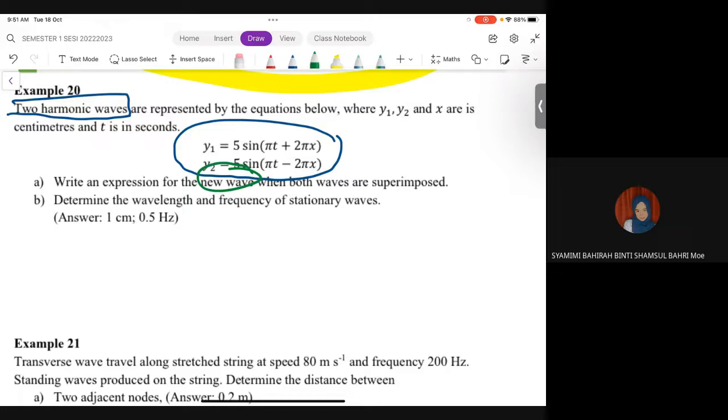Okay, so saya nak tanya awak, apa formula ni? Nak pakai formula apa? Kena pakai standing wave lah. Okay, kita pakai standing wave.